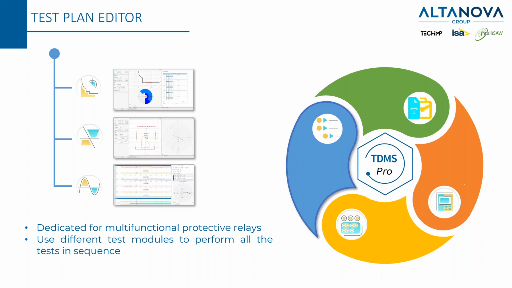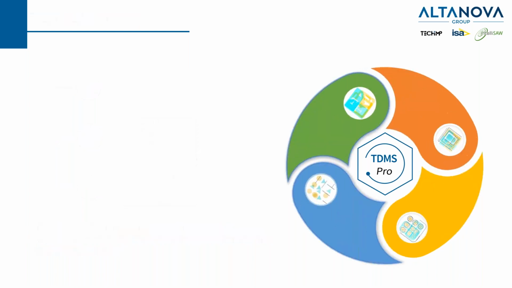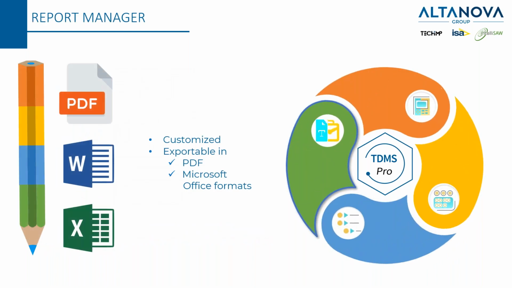So it is very useful to have a test plan editor in order to program all your tests, and in the end have a single report with all your results inside. The report can be customized and in the end can be exported into PDF or Microsoft Office format.